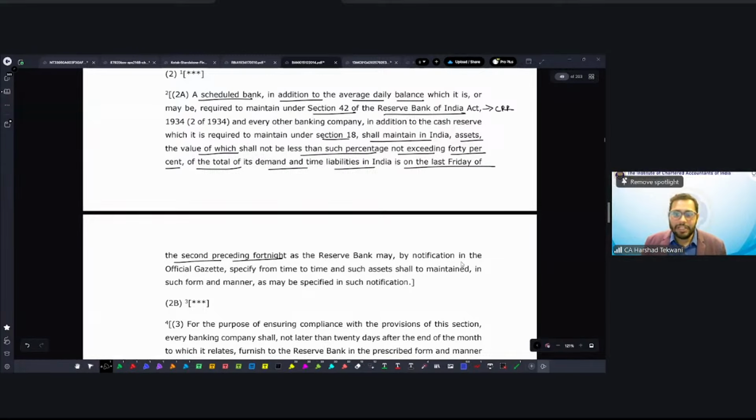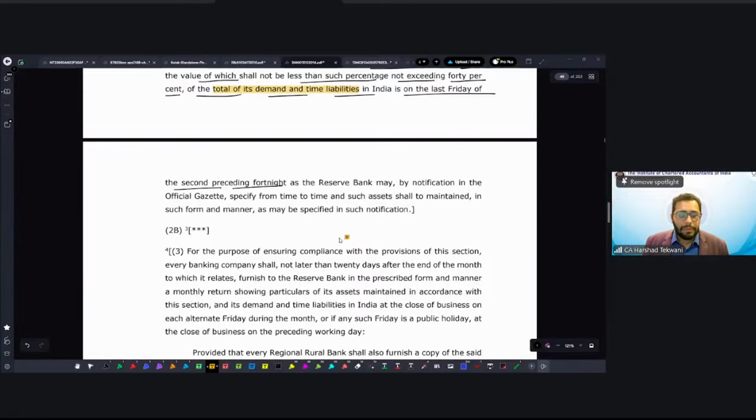Currently it is 18%. And again, the RBI will specify how to calculate those demand and time liabilities.